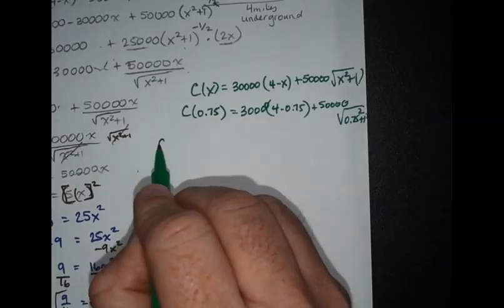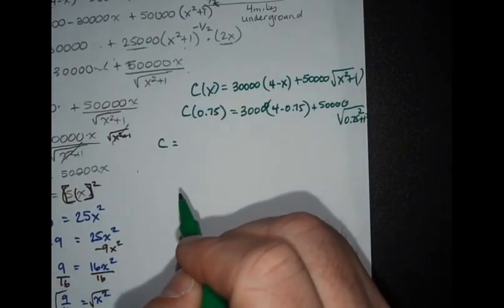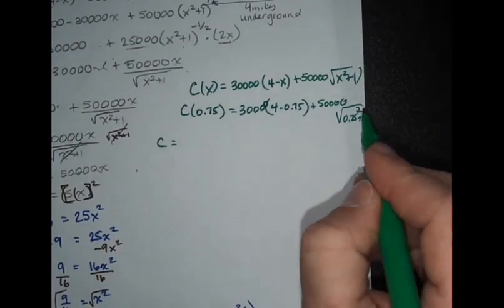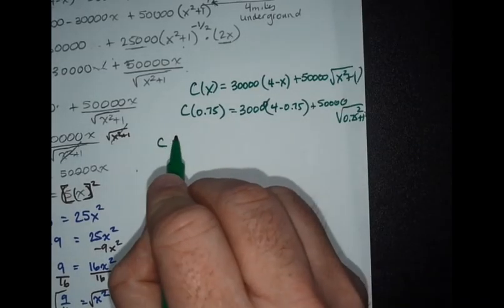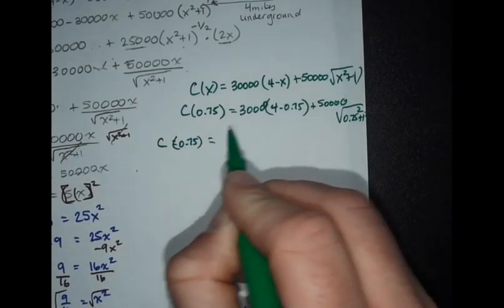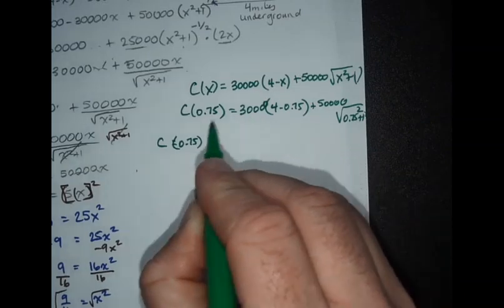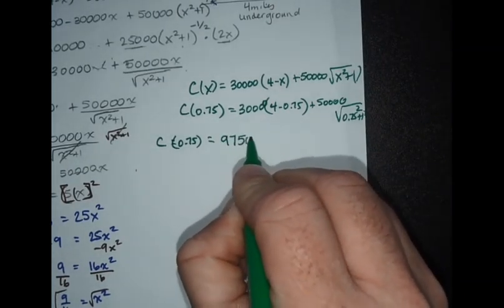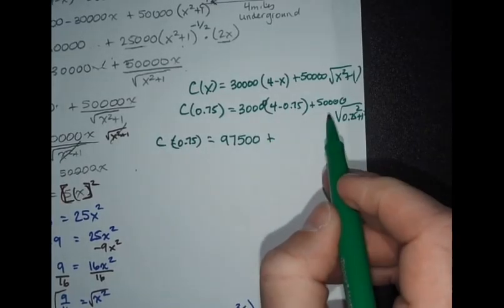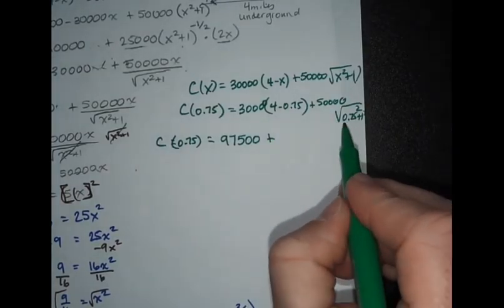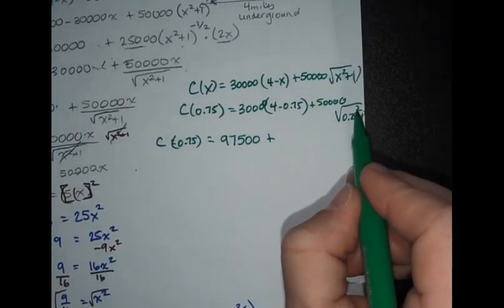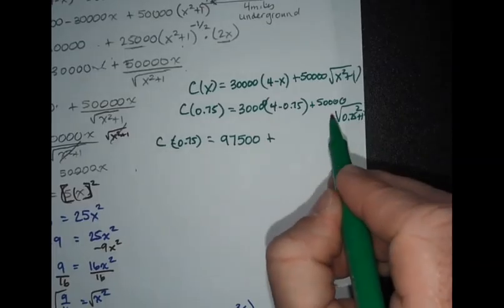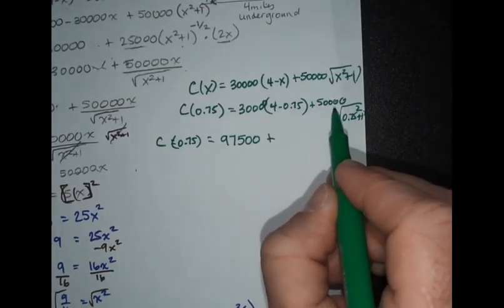I'm going to allow myself a little bit more room here. So if you did that, this number here should be 97,500 plus, and if I did 0.75 squared plus 1, did the square root of it, times by 50,000.